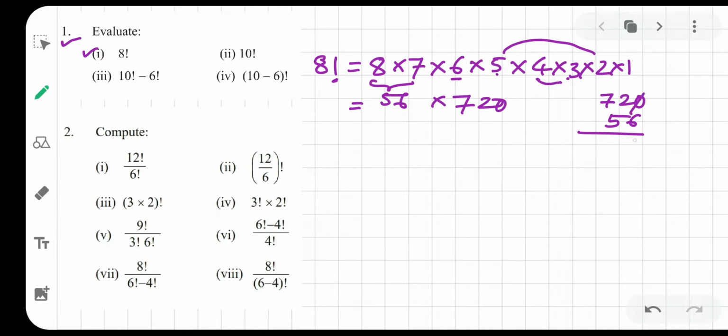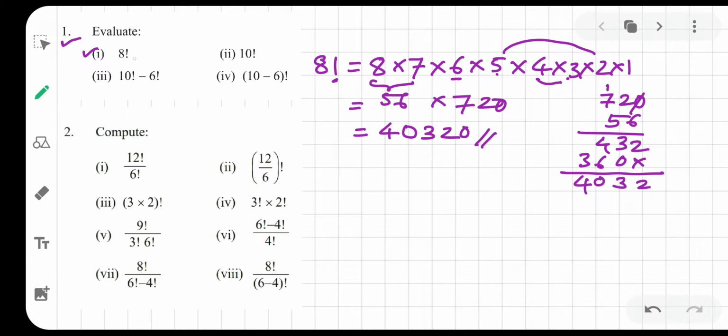So 6 2s are 12, 40. And then 72 into 5, it will be 360. Correct? So the sum is 2 3, we have 4, and one last 0, so we have 40320.